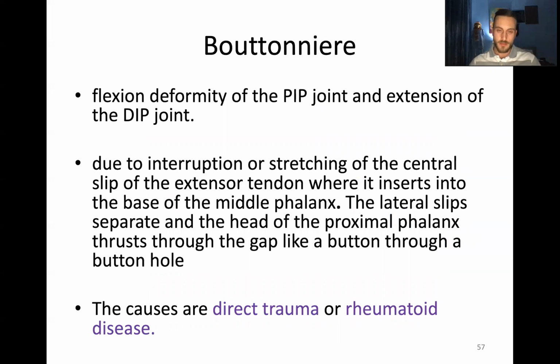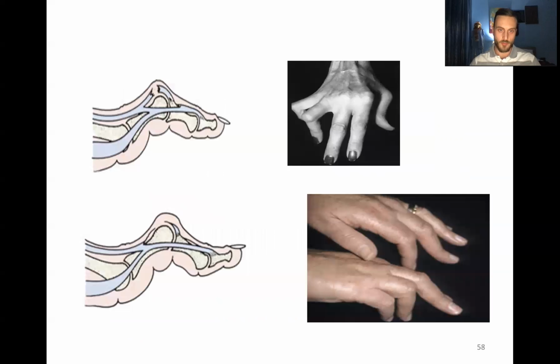Now the boutonniere: the problem is flexion deformity of the PIP. So the proximal joint is flexed and the distal DIP is extended. There is a problem in the central slip of the extensor compartment, usually caused by direct trauma or rheumatoid disease.